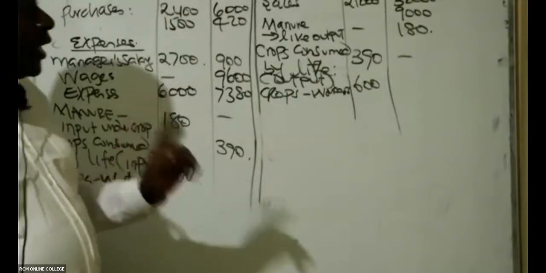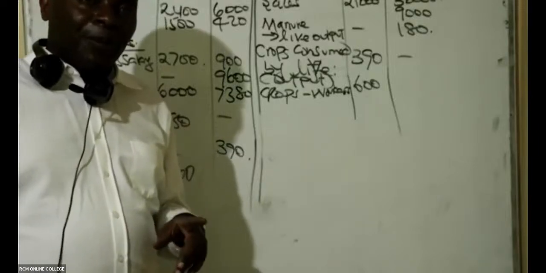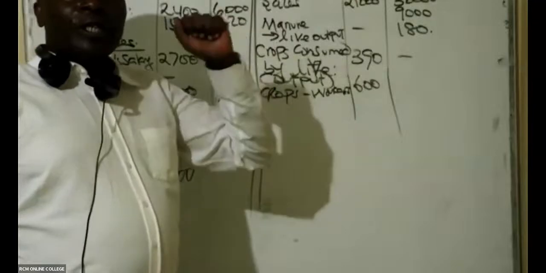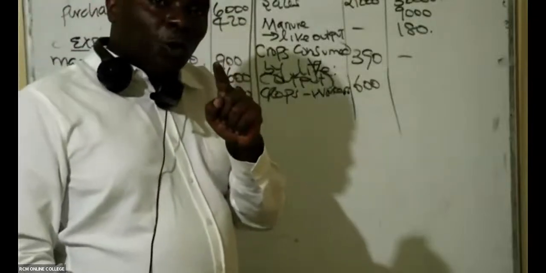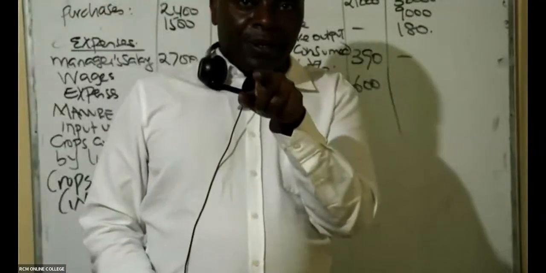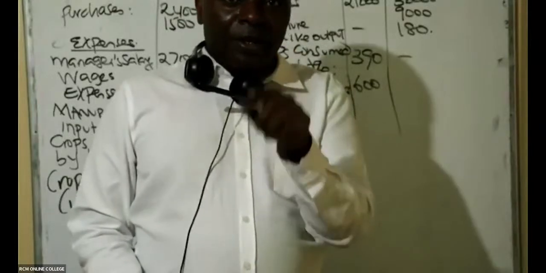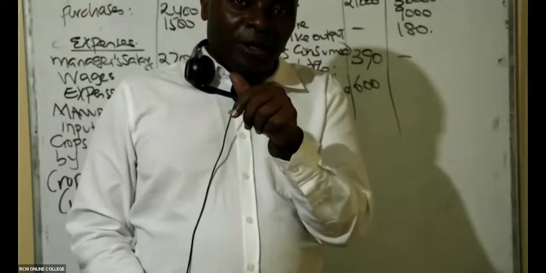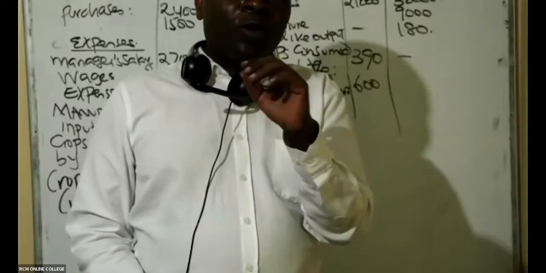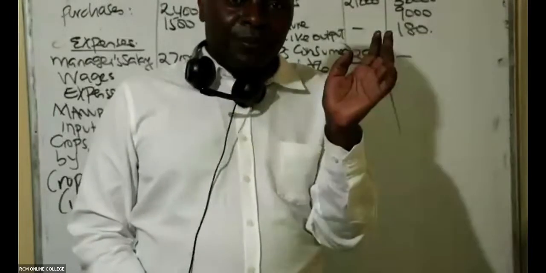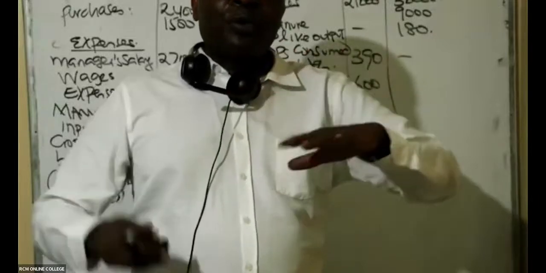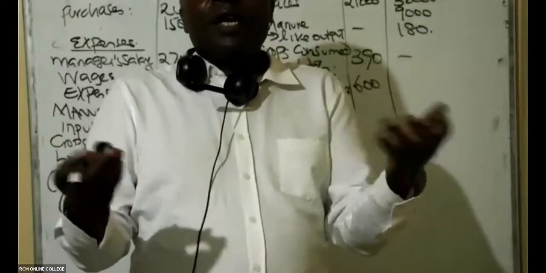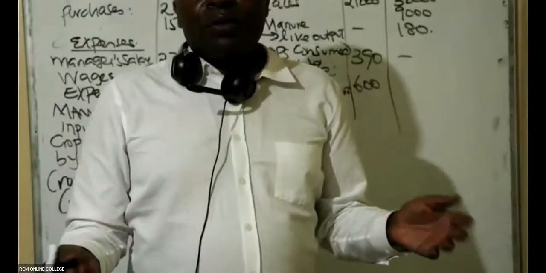So in part here, input and output. Now we are told that manure worth 180 was taken to the crops. So you ask yourself, who produces this manure? It is livestock. So manure from livestock is an output. If it's an output, remember our assets, you're losing, you're giving away.